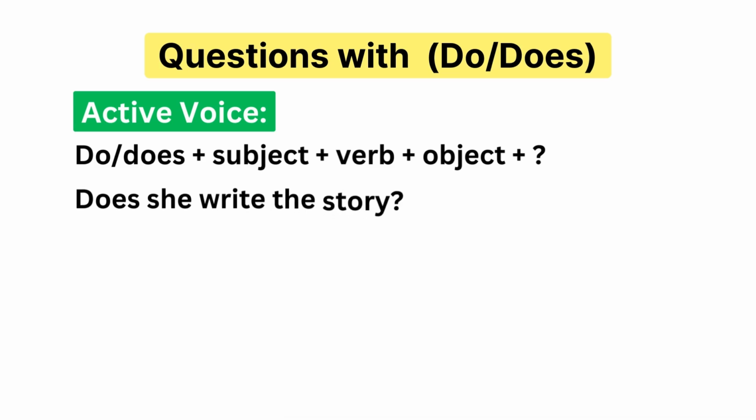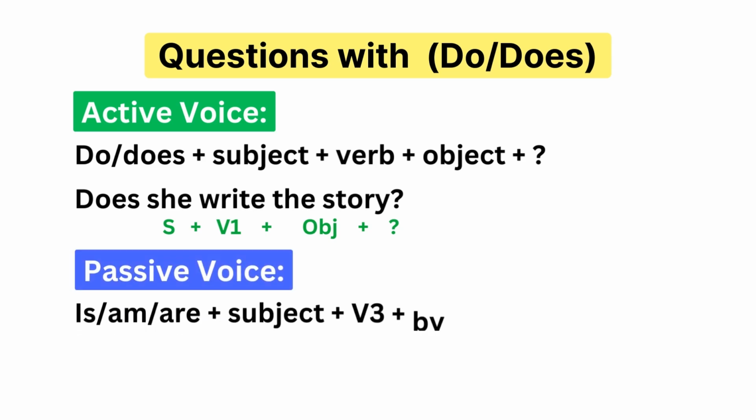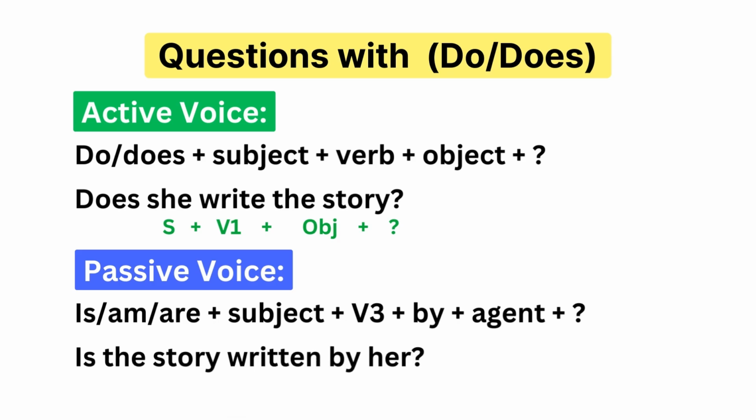For instance, does she write the story? When we convert this sentence into passive voice, the structure changes to is, am, are, plus subject, plus third form of the verb, plus by, plus agent. Is the story written by her?